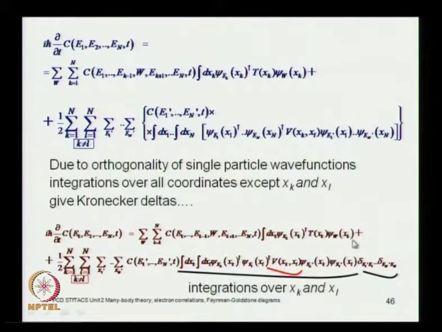The rest of the integrals over all the other coordinates will give you these Kronecker deltas, and then you can carry out the summation over e1 prime, e2 prime up to en prime and contract the summations, so that you are left with very few terms.